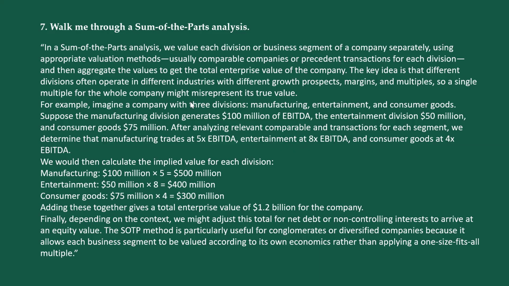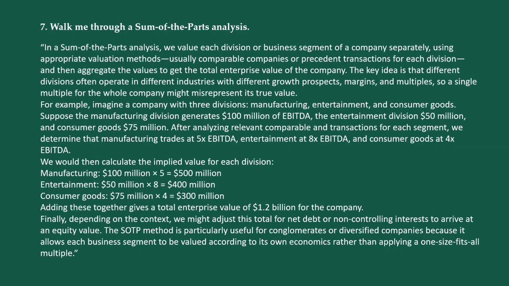And the key limitation is data availability. You need enough comparable companies or transactions for each segment. Data is going to be a key consideration or limitation here in sum of the parts, so always give priority to good quality data.